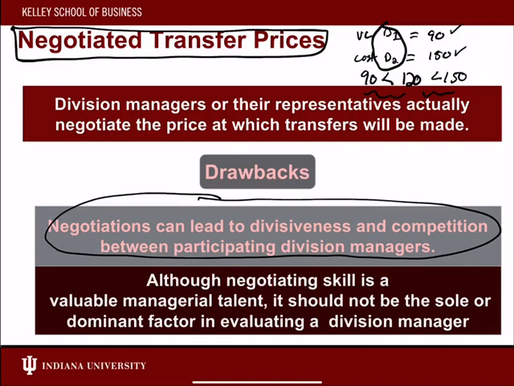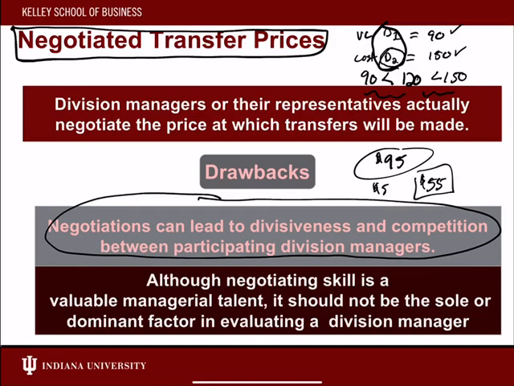Say Division 2 is just a big, powerful division with an executive in that division that's super aggressive and a great negotiator, and they come in and they argue and they want it for $95 no matter what. Well, that might hurt Division 1, right? They're only getting a $5 increase, and Division 2 is saving $55.